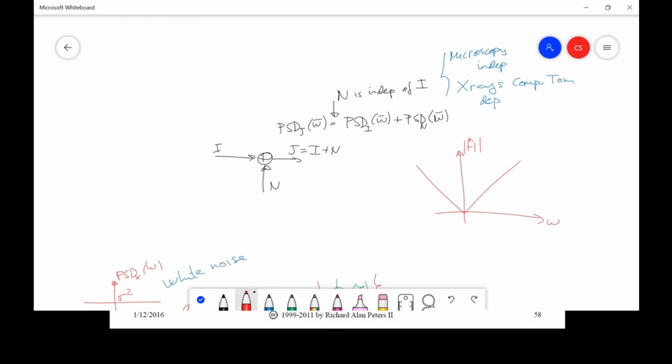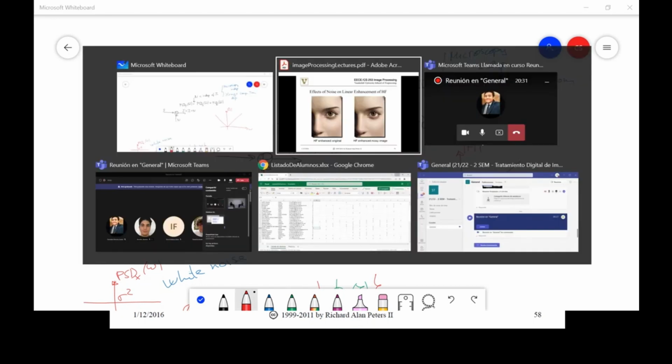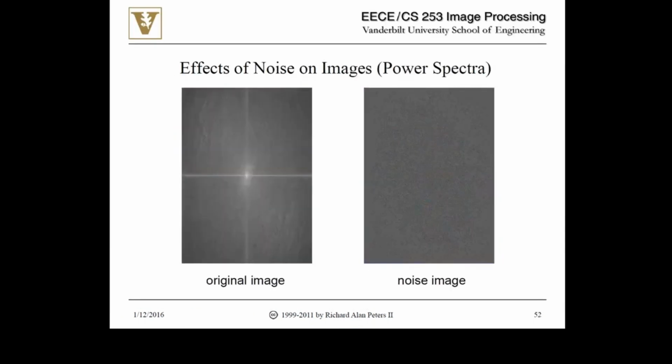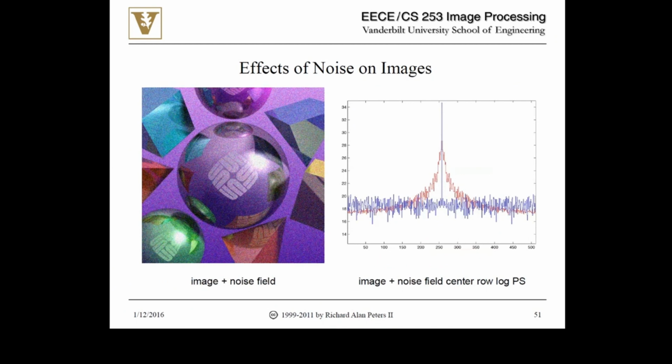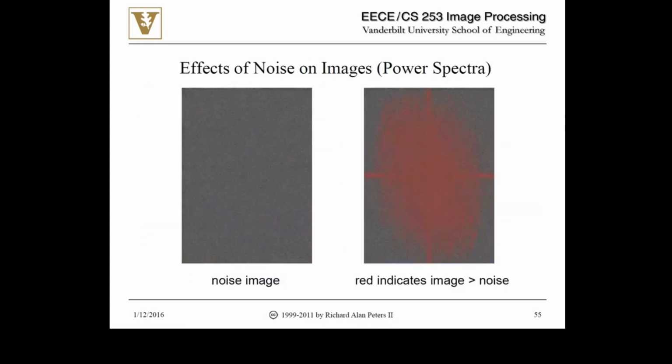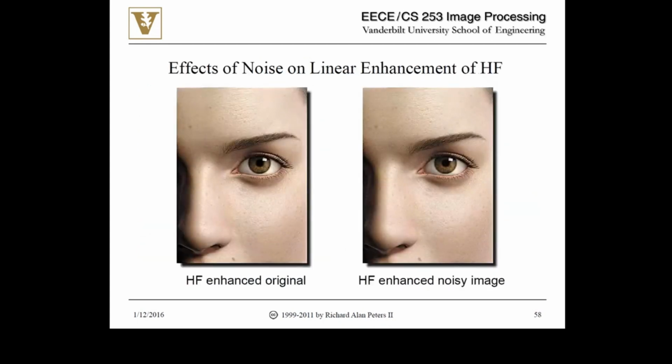So if we have this situation in which the high frequency is dominated by noise, then we are boosting the noise with respect to the signal at the high frequencies. And this is what we should see.